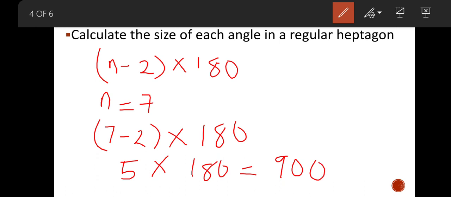Therefore, the sum of angles in a regular heptagon is 900 degrees.